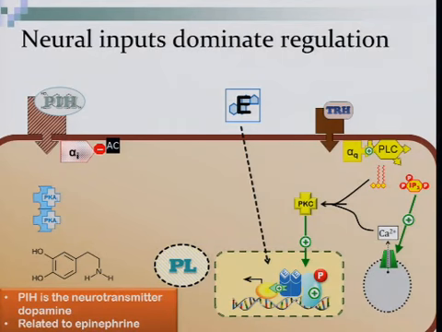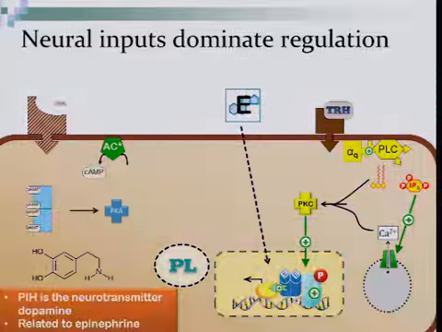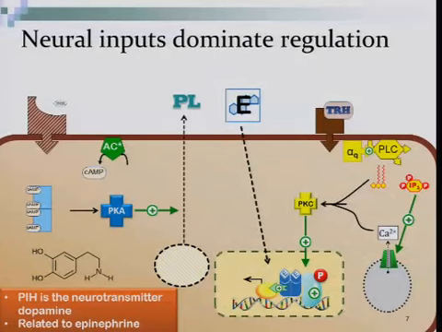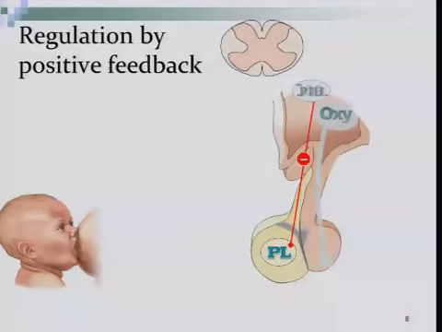Now, as long as prolactin-inhibiting hormone is bound to its G-alpha-I coupled receptor, prolactin's not released. When that's reduced, a constitutive adenylate cyclase is activated. Active protein kinase A then results in the secretion of prolactin. So the regulation here is driven by positive feedback.